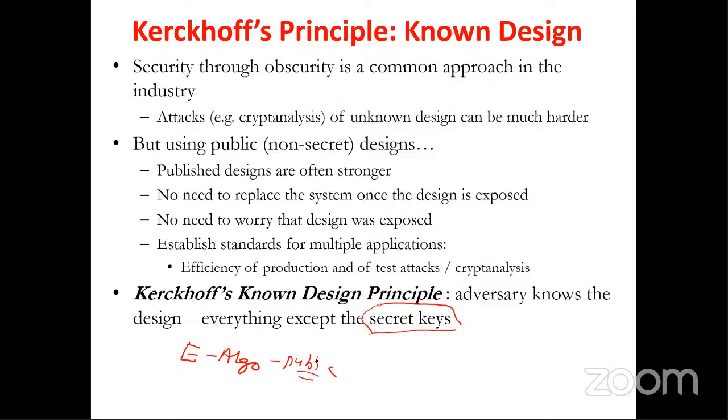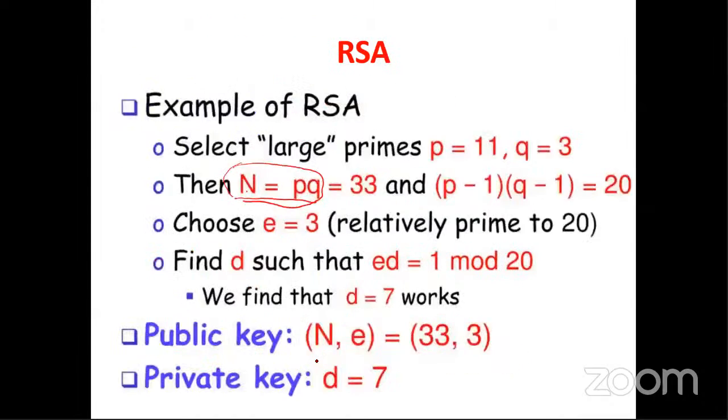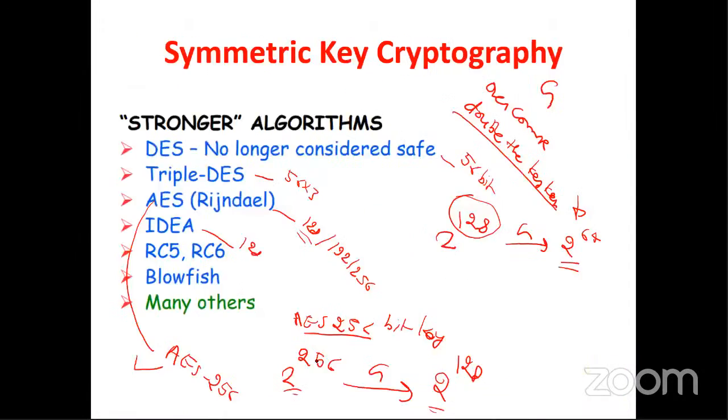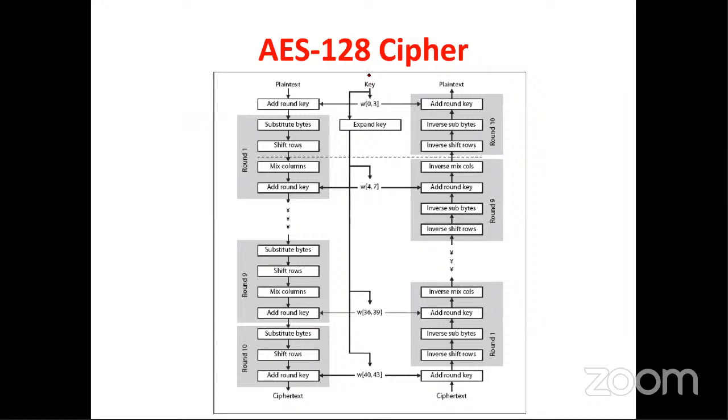If you look at DES, only the key is secret. How the algorithm works is known to everyone. We should design a system whose security depends only on the secrecy of the key.